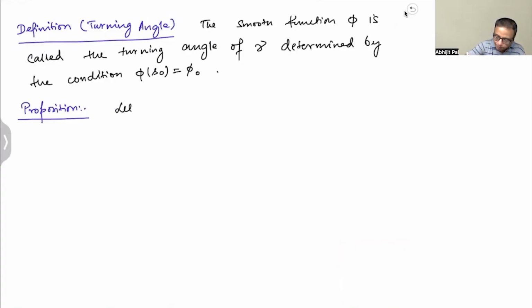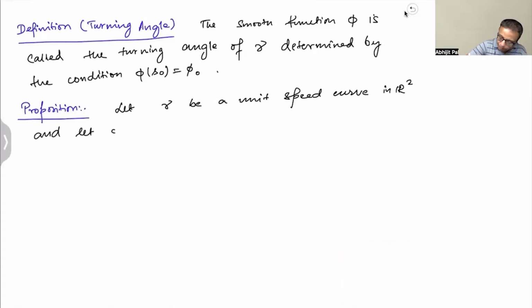Let gamma be a unit speed curve in R2, and let phi s be the turning angle of gamma at gamma s.